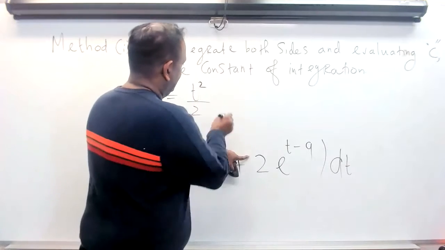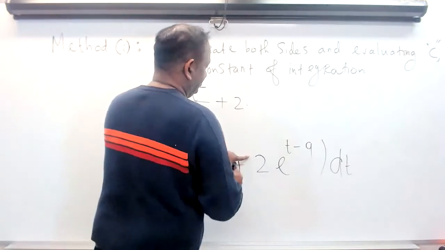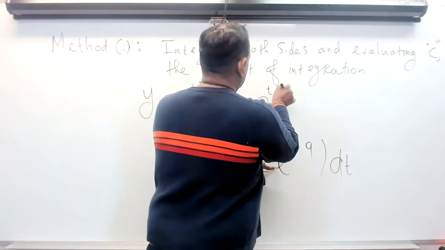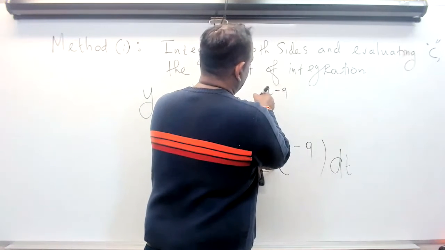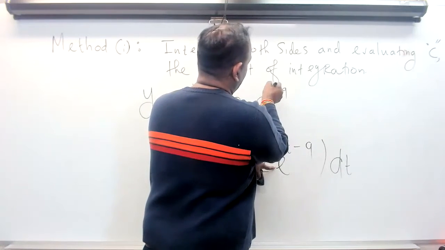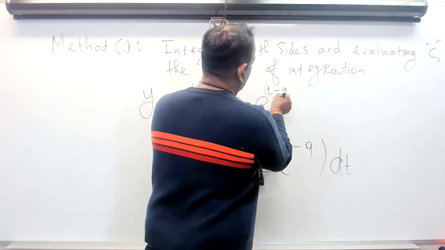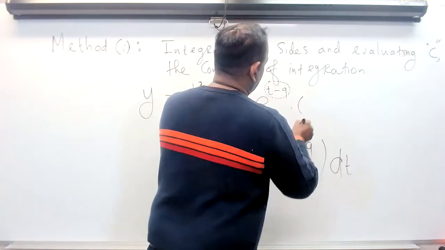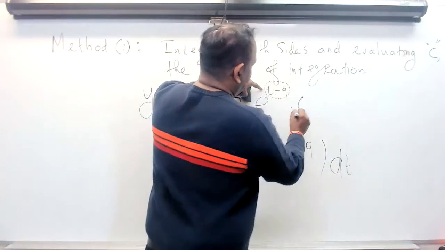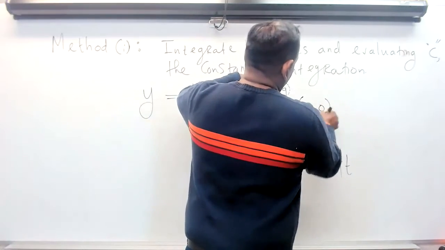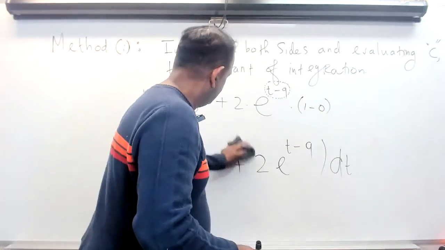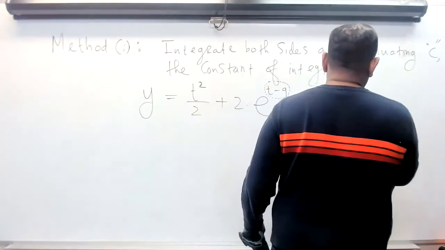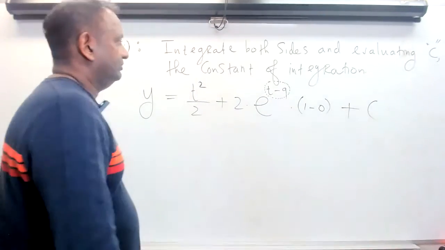Plus 2 times, same thing over here: take the derivative of the whole exponent, which is 1, and the derivative of 9 is 0. Piece of cake. Plus c, the constant of integration.